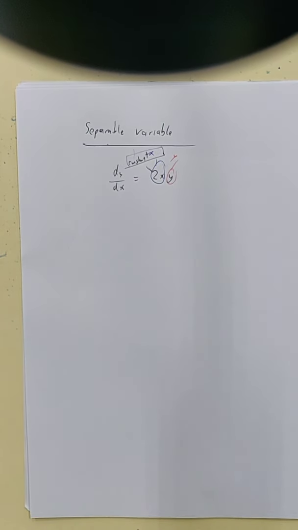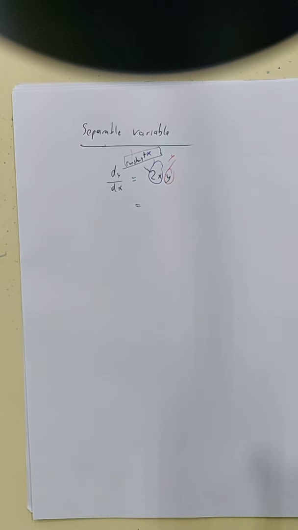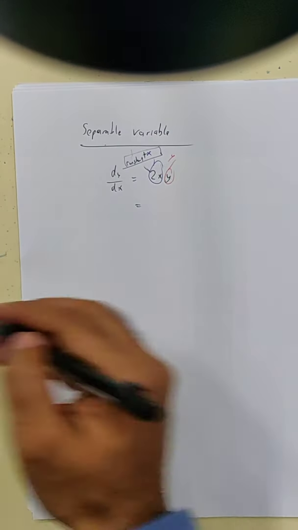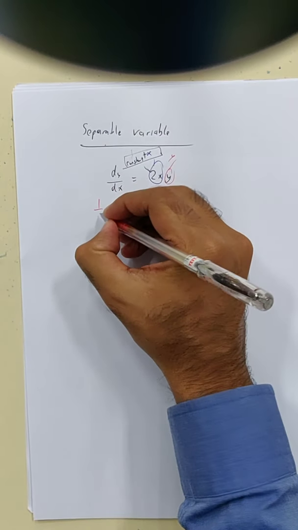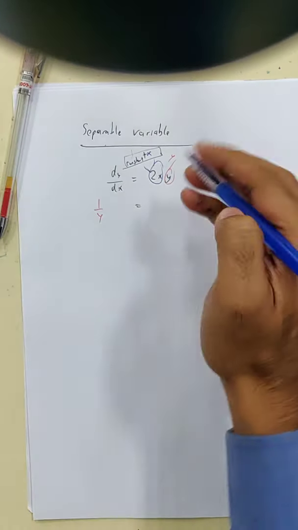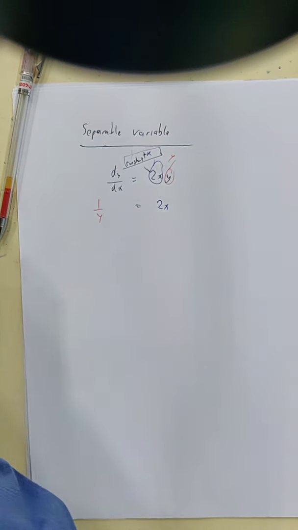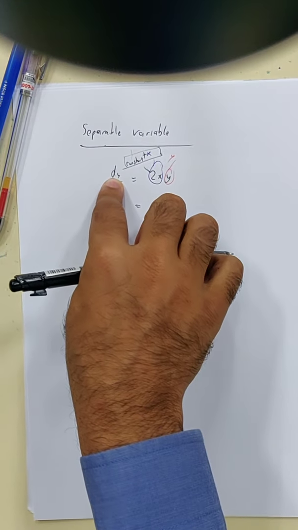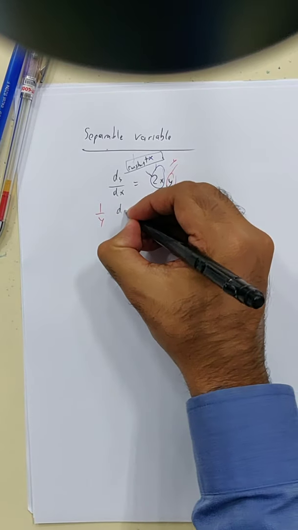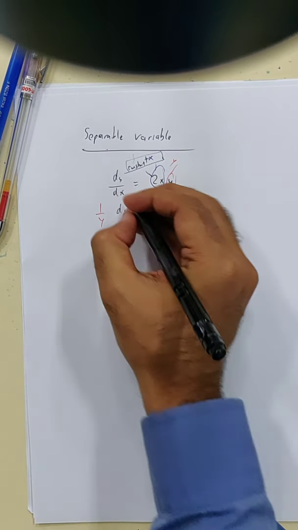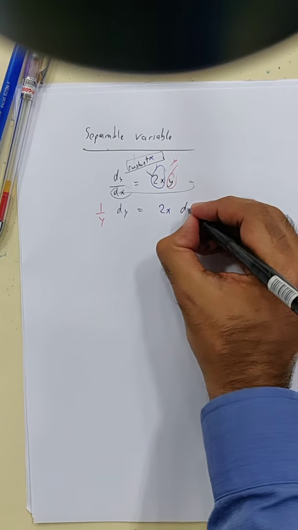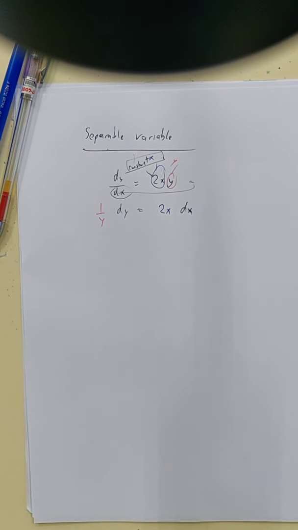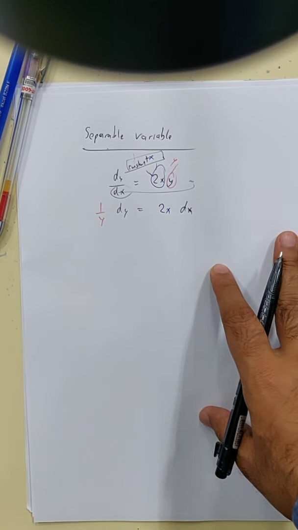You ready? Now we're going to separate them. 1 over y remains here and 2x remains there. Here's dy, so dy sticks here. Here's your dx, your dx goes there. This method is not entirely mathematically true, but it's a shortcut for your maths.